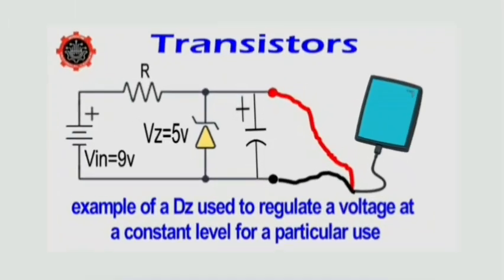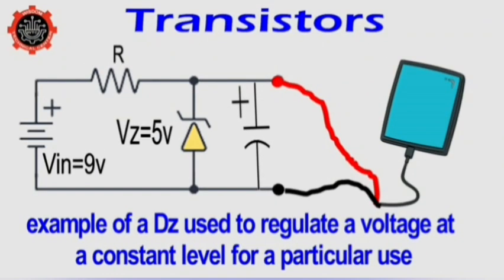An example of a voltage regulator using a Zener diode can be used to build our phone chargers at a constant 5 volts to charge our batteries or any other rechargeable battery less than 5 volts.